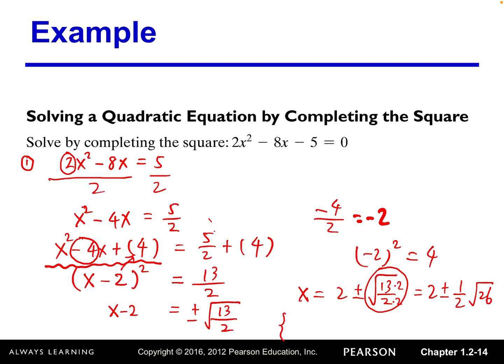So the two solutions: one is (2 + √26)/2, the other one is (2 - √26)/2. Those are the two solutions for this quadratic equation.